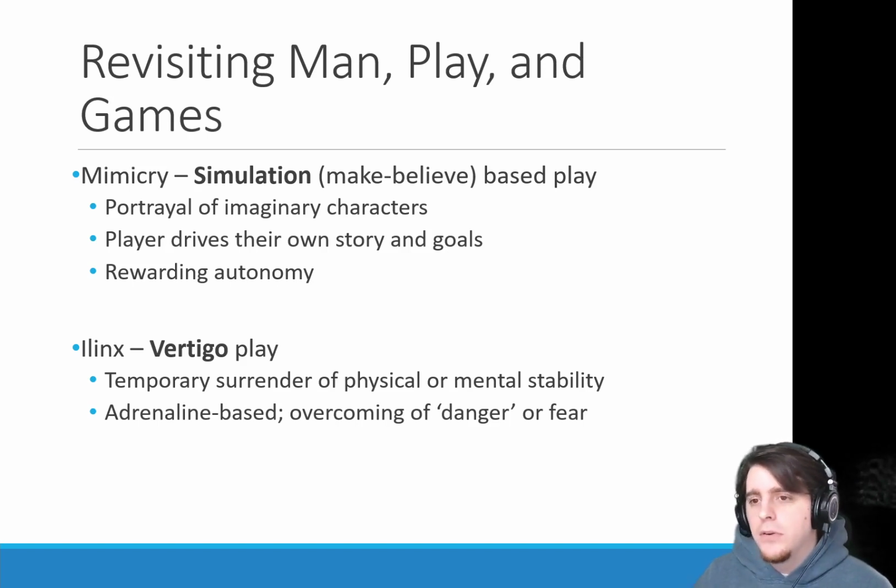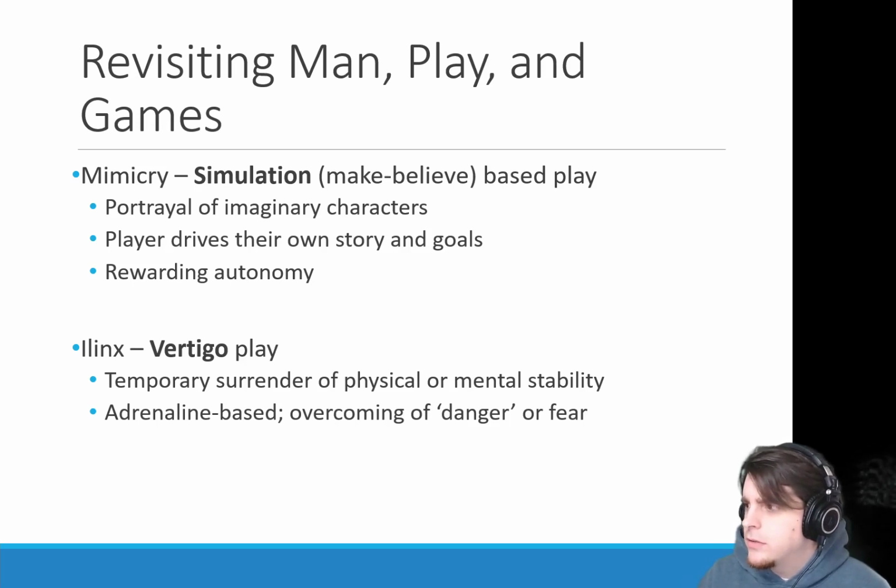And finally, when we think about vertigo, the nature of that style of play is a surrender of stability, whether that's physical stability, where we're thinking about a sense of motion through play, or mental stability, where you're playing with fear or other senses. Things that are rewarding in these scenarios are, as the slide says, adrenaline based.